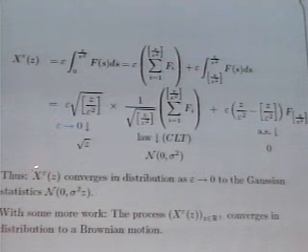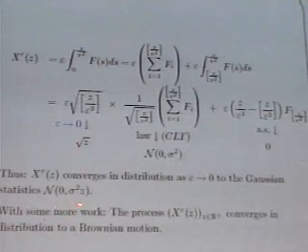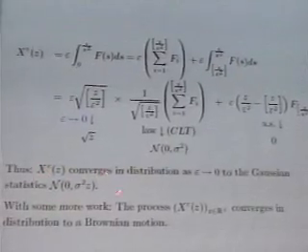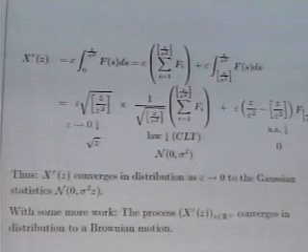So what you get is square root of z times this Gaussian random variable, which shows you can enter the square root of z into the variance, so that x epsilon of z converges to a Gaussian random variable with variance sigma squared z.